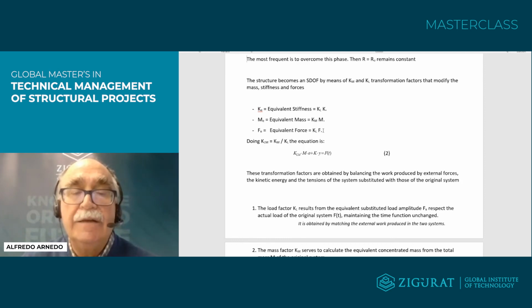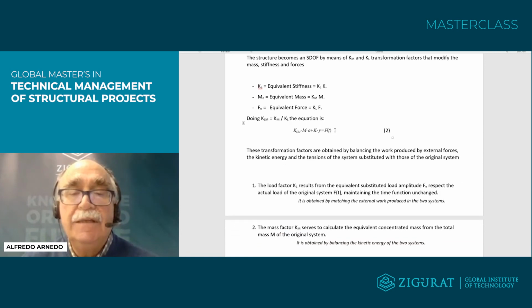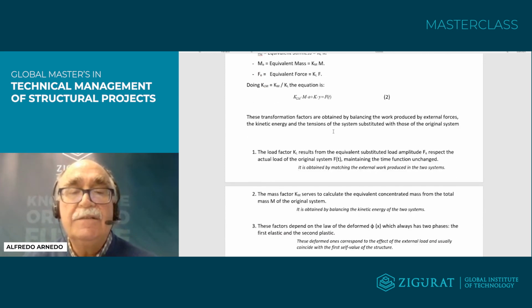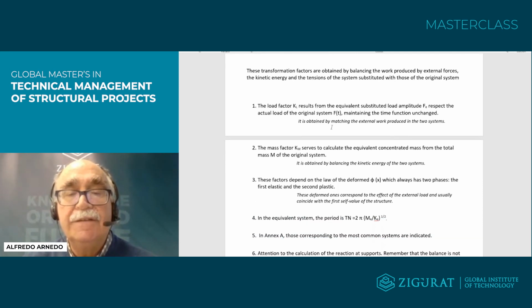So the structure is converted into these constants: the mass, the stiffness, and the force. These transformation factors are obtained by balancing different concepts.